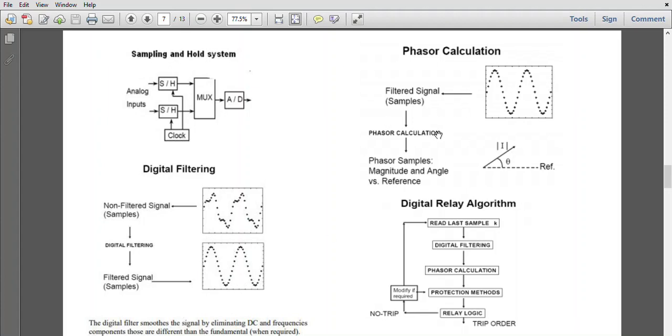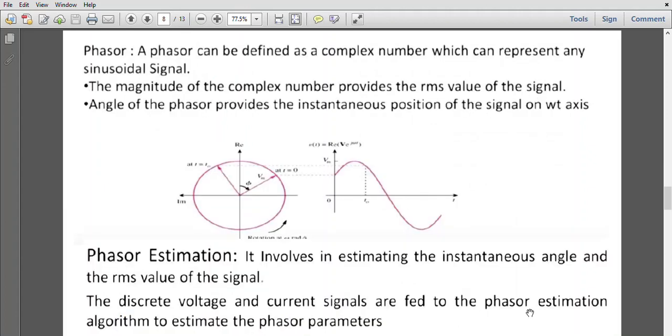These samples are used for phasor calculations, where magnitude and angle are calculated for each sample and then compared with the reference one. After this, the protection method which we have applied, like distance protection, the algorithm is present, and with the help of the relay logic, a trip or alarm signal is fed to the power system.